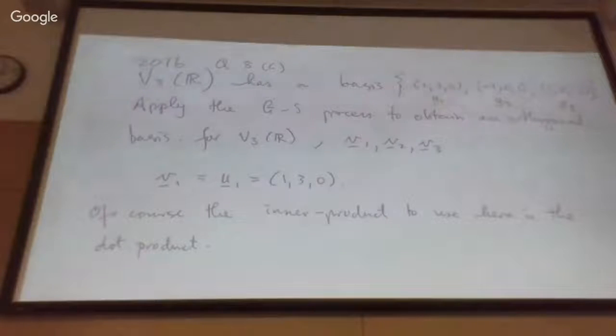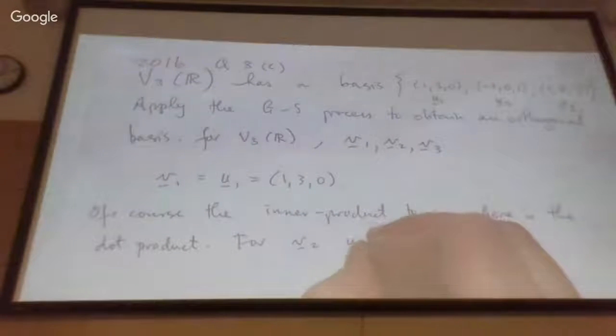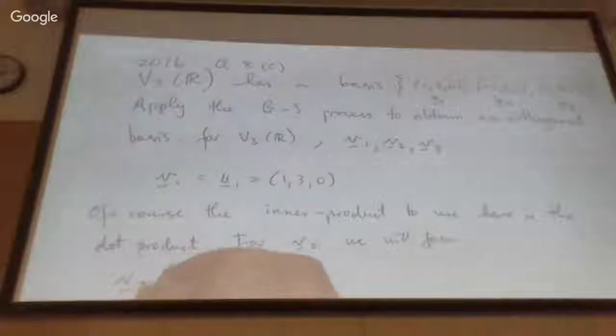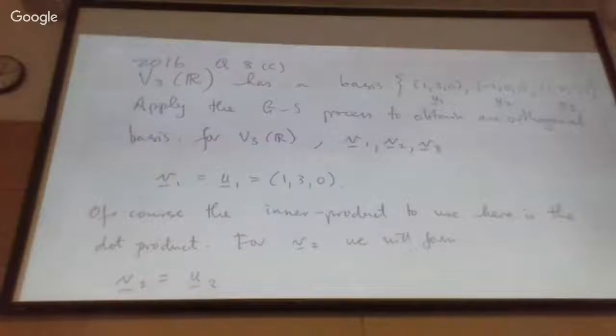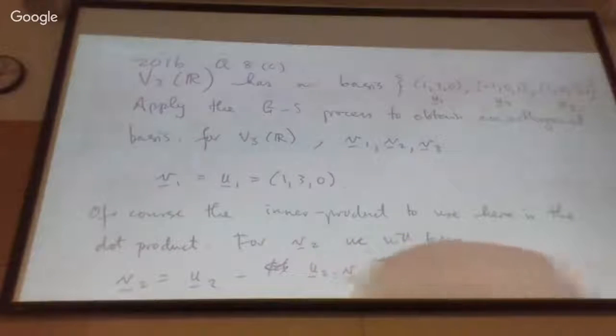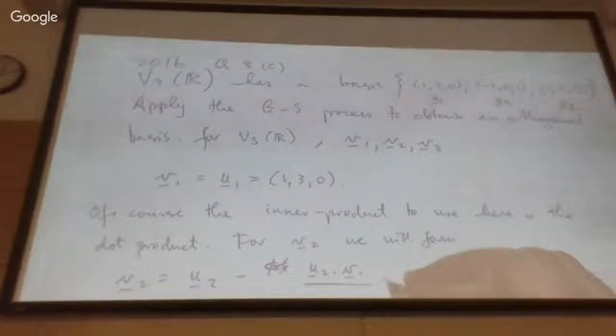Okay, so the sum of products of corresponding entries. So you see, in order to form V2, we will form this equation here, which is V2 is the old U2 minus, and I'll write this all out in terms of dot products, the U2 dot V1 over the dot product of V1 with itself, and you're taking this multiple of V1.